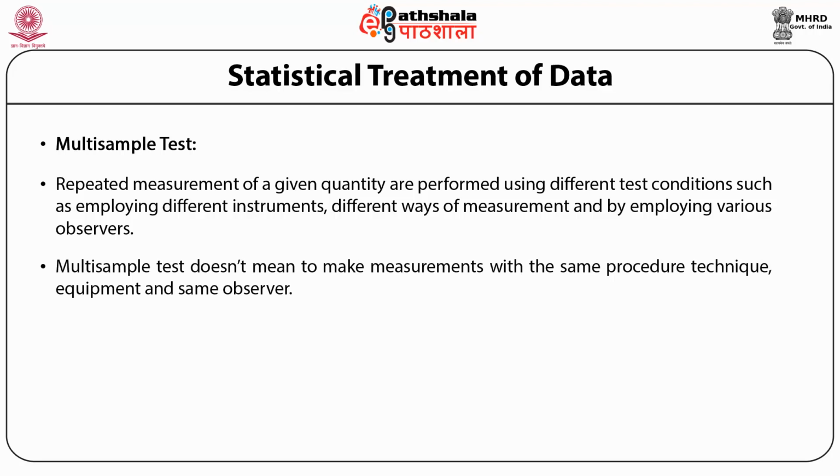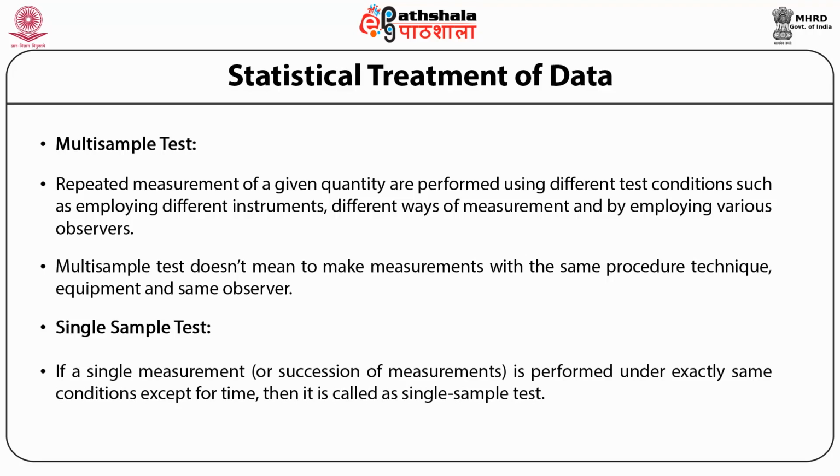Multi-sample test doesn't mean to make measurements with the same procedure, technique, equipment, and same observer. Single sample test. If a single measurement or succession of measurements is performed under exactly same conditions except for time, then it is called a single sample test.